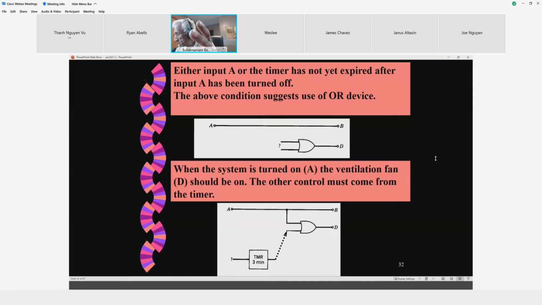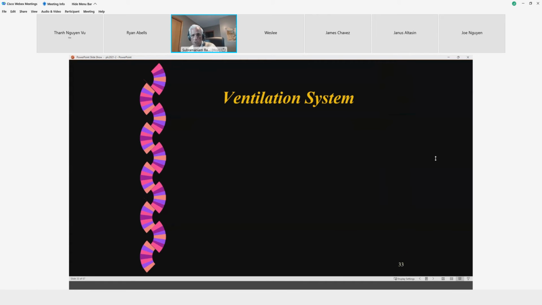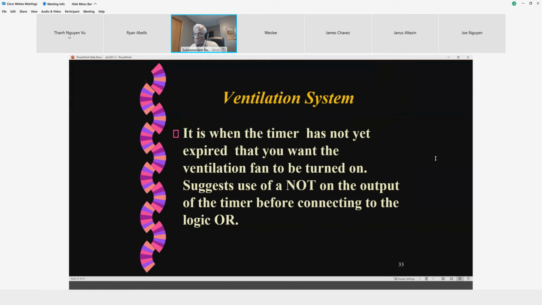If the input collapses, the timer outputs will also collapse with it. That's why there's a little question mark as to what should be the input and should the timer's output be connected directly. The answer is no, but we have to go through the problem step by step.